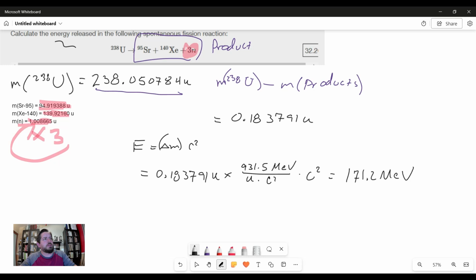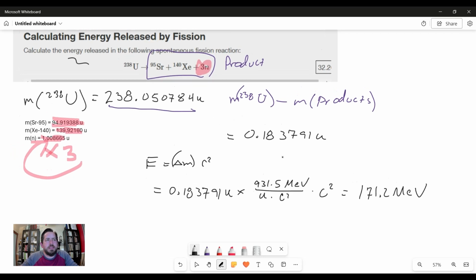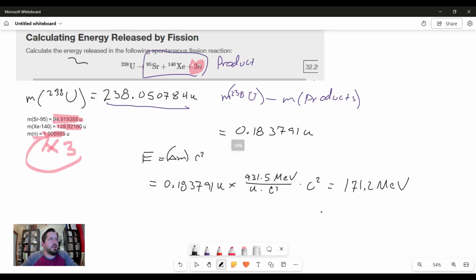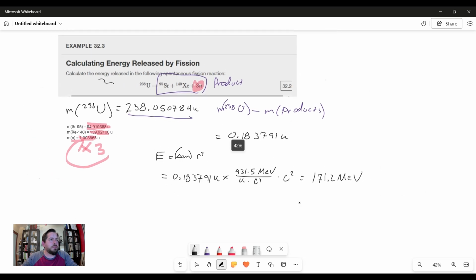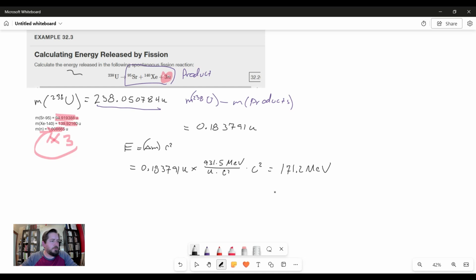So this is a spontaneous fission, and this can happen, but it's not likely to. Uranium is typically not going to go through this reaction as we see it here just on its own. It can, but it's more likely to go through an alpha decay.